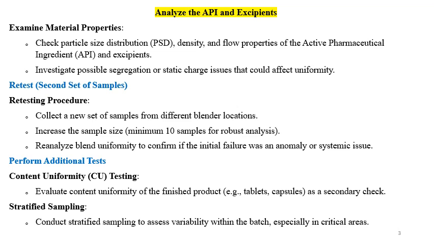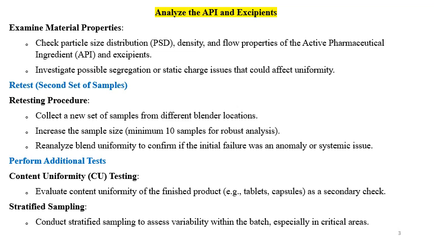Retest the second set of samples. The retesting procedure involves some steps: collect a new set of samples from different blender locations, and if you have a duplicate sample available, then use that duplicate set of samples. Increase the sample size, minimum 10 samples for robust analysis.